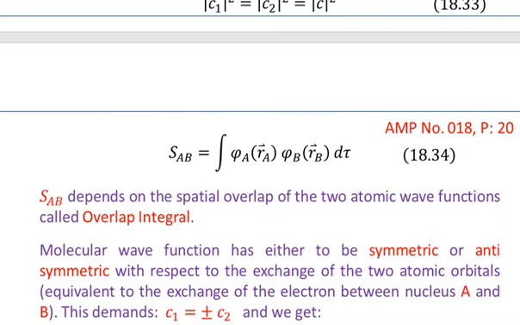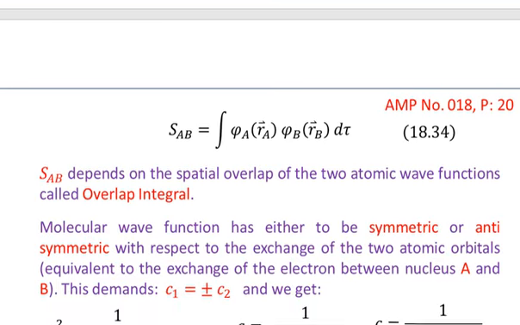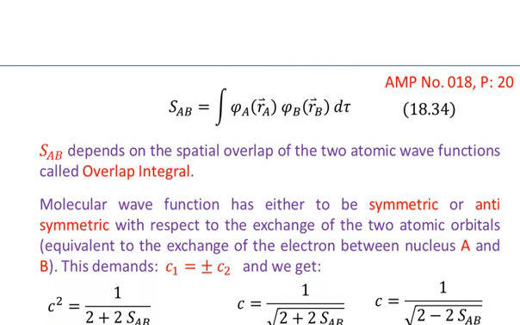So it is called the overlap integral. If the two nuclei are very far away from each other and there is no overlapping, then the integral represented by S_AB will be equal to 0. But when the nuclei approach each other, as in the case of a molecule, the two nuclei, nucleus A and nucleus B, are not far away from each other but in close vicinity, and of course their atomic orbitals will significantly overlap, and that is why it is called an overlap integral.